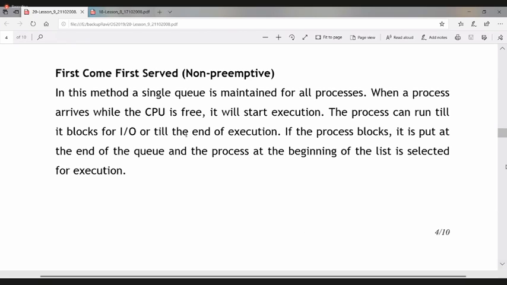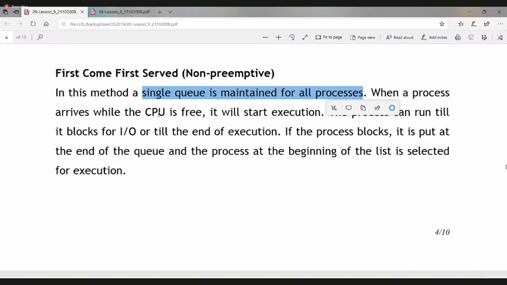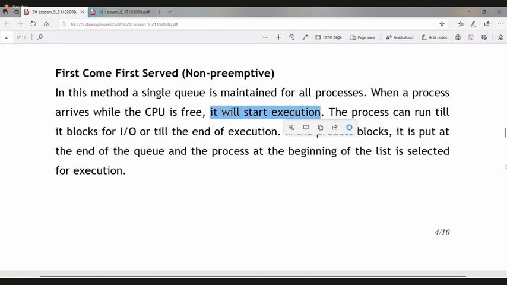In this method, a single queue is maintained for all processes. Whoever comes next must join at the end of the queue. When a process arrives while the CPU is free, it is like when you go to the canteen and the shopkeeper is free, so you can directly buy your item. So it will start execution.